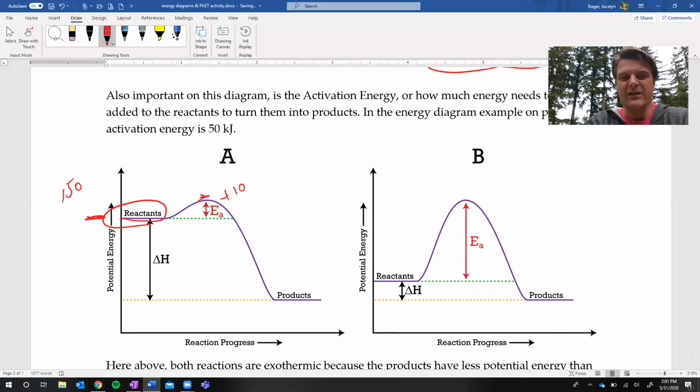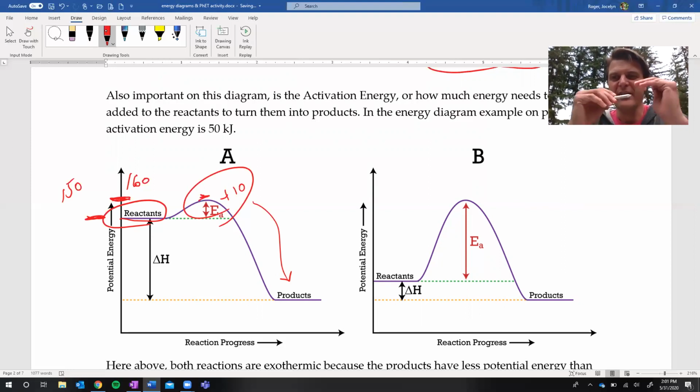And that's going to get you up here at 160. And then you're going to go down all the way to your products. So this little bump, this little plus 10 there, that's your activation energy.